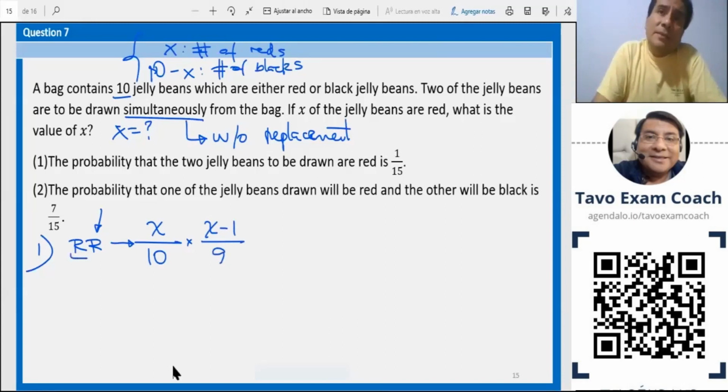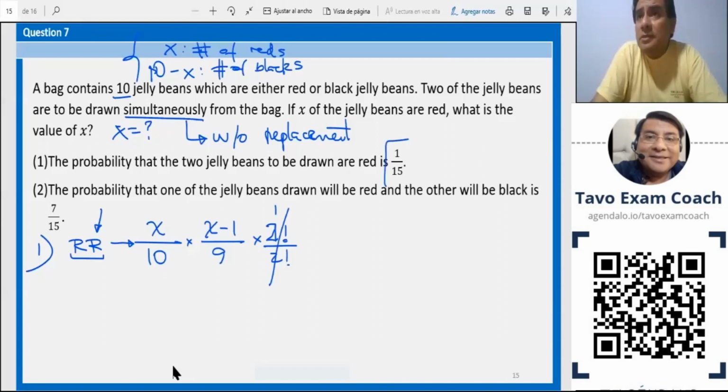Remember that since this sequence of letters can only be expressed in just one possible arrangement, this is equivalent to multiplying by 2 factorial over 2 factorial, which is actually 1, okay? So that would be the total probability that the 2 jelly beans to be drawn are red in any order.